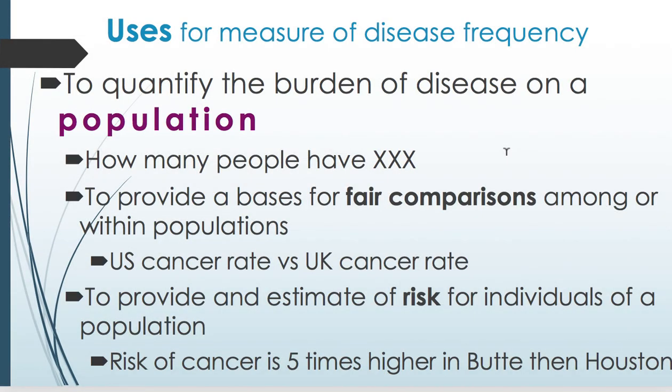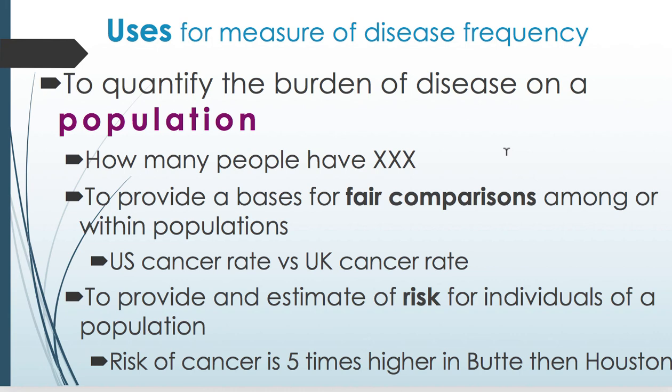The measures of disease frequency can be used to quantify the burden of disease on a population. For example, how many people have a certain disease or how many people are getting a benefit from taking a certain vitamin or intervention. It provides us a basis for a fair comparison amongst and within populations, for example, globally, the US versus the UK.